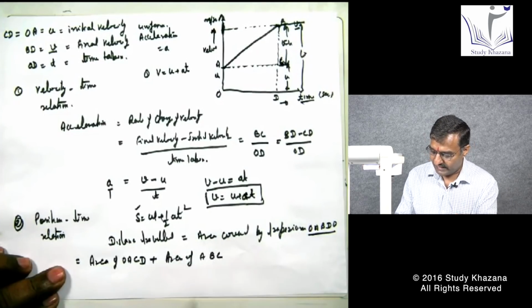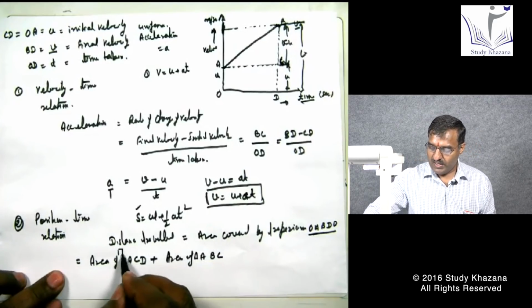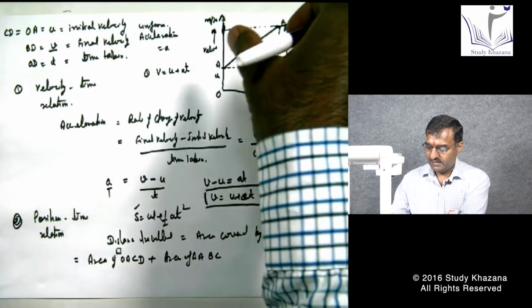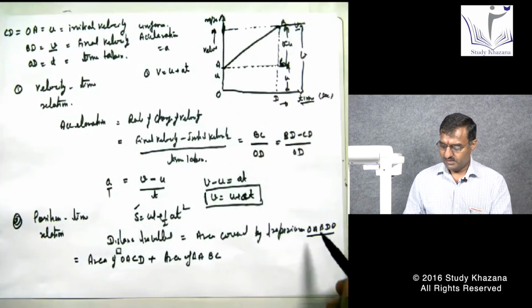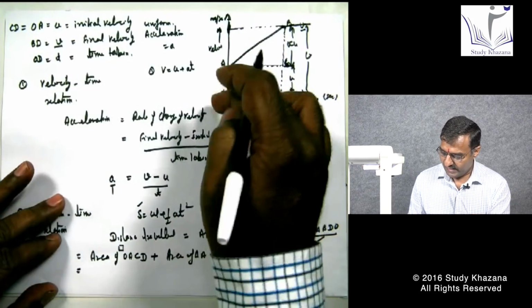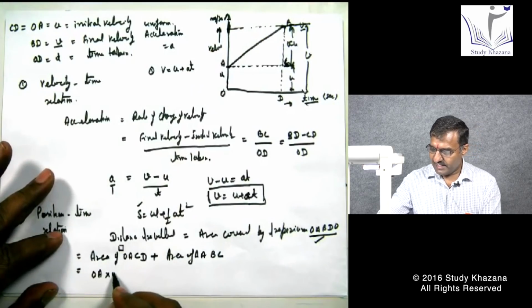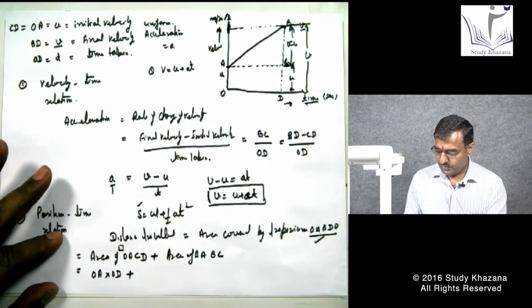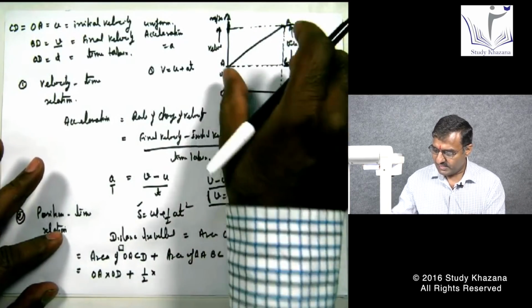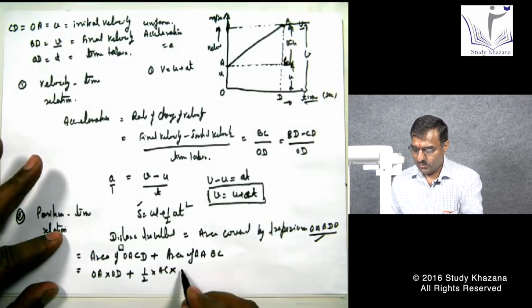This is the area of a triangle, and this is the area of a rectangle. This is OACD plus the area of this triangle ABC, which together is the area of the trapezium. So what is the area of the rectangle? This is OA multiplied by OD, plus the area of the triangle. What is that? Half into base, where base is AC, into this height. What is the height? BC.